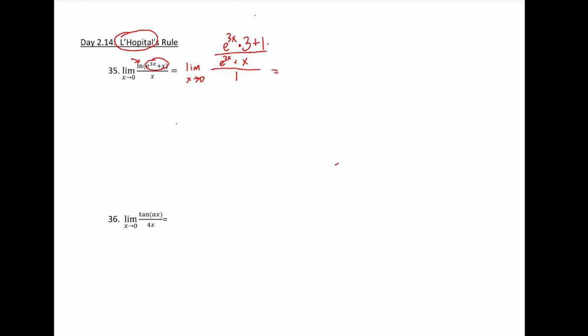So now I can use direct substitution without any problem. e to the 3 times 0, times 3 plus 1, over e to the 3 times 0 plus 0. I'm going to ignore that last divide by 1 because dividing by 1 is not going to change the value of the expression. Notice here, no more limit.